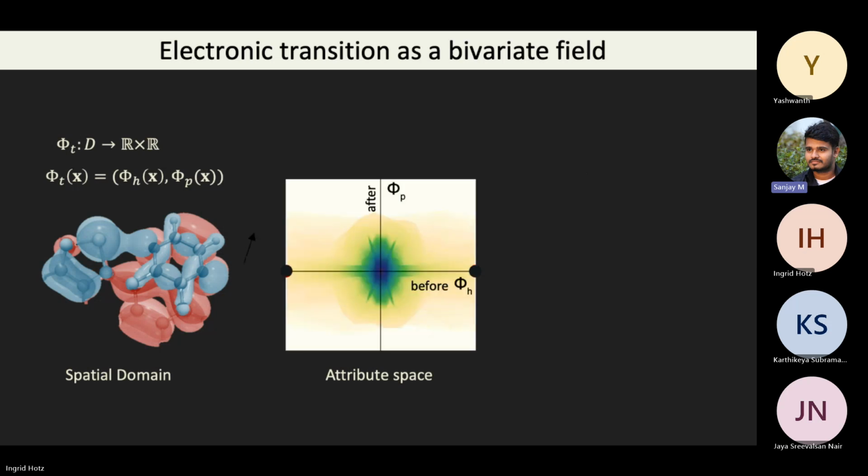So we have a two-dimensional attribute space here. The x-axis is our before value, the y-axis is the after value, and what you see here is a kind of scatter plot, something that we call a dense scatter plot. If you want to think about how this is assembled, you take any point in your domain and check those values.